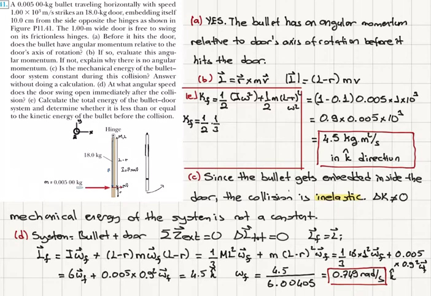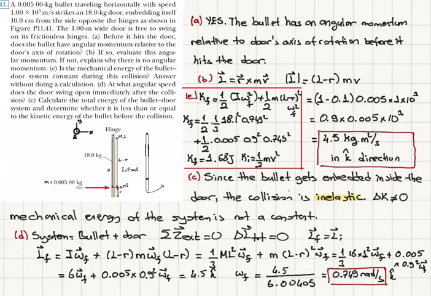So if you do this calculation, you find the final kinetic energy will be 1 over 2 times 1/3 ML squared, so it's 18 times 1 squared, omega final squared, 0.749 squared, plus I have 1 over 2 mass of the bullet 0.005, and then I have 0.9 squared, 0.749 squared.